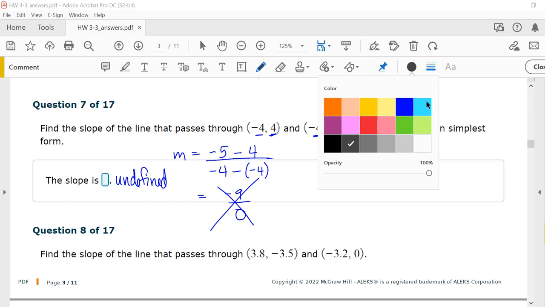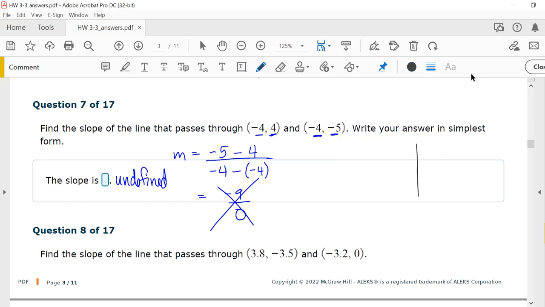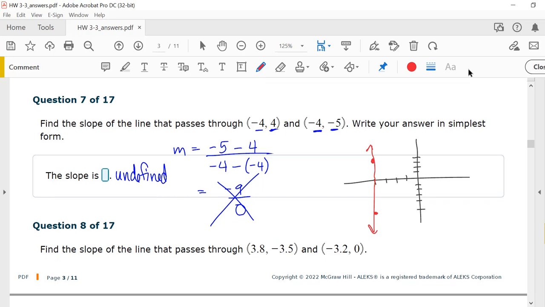If we were to plot those 2 points, we would go plot -4, 4, and -4, -5. Look at what kind of line that is. That's a vertical line. Vertical lines, we're going to say, have undefined slope because you can't divide by 0.